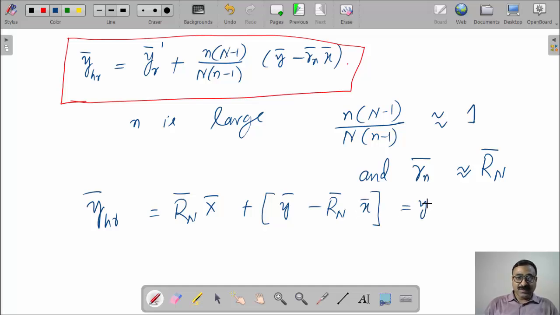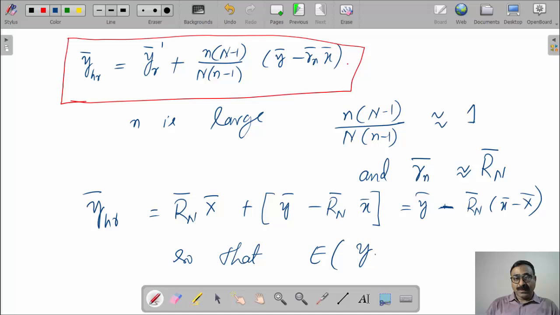Now this is equal to y bar minus Rn bar into x bar minus x bar. So the expectation of y HR bar, the Hartley-Ross estimator, will be equal to y bar, since this term will be 0.